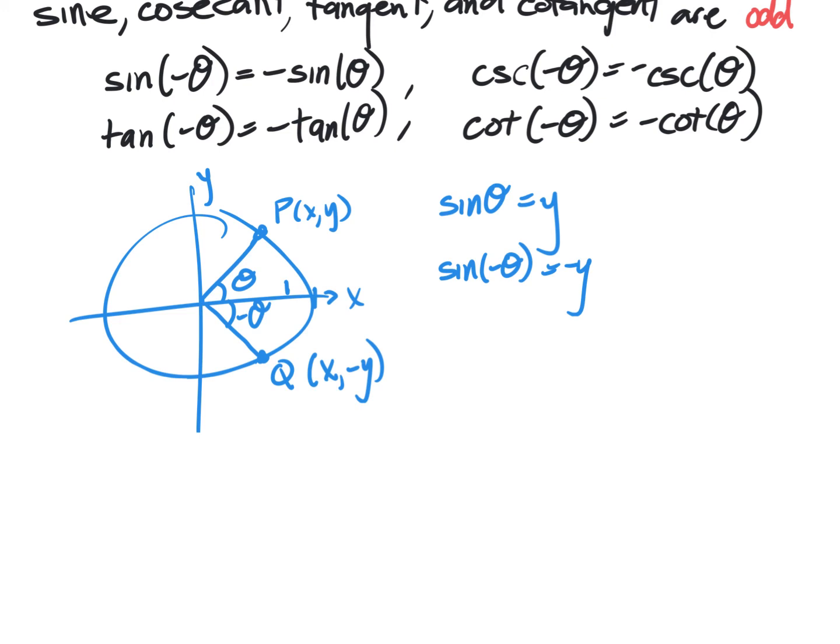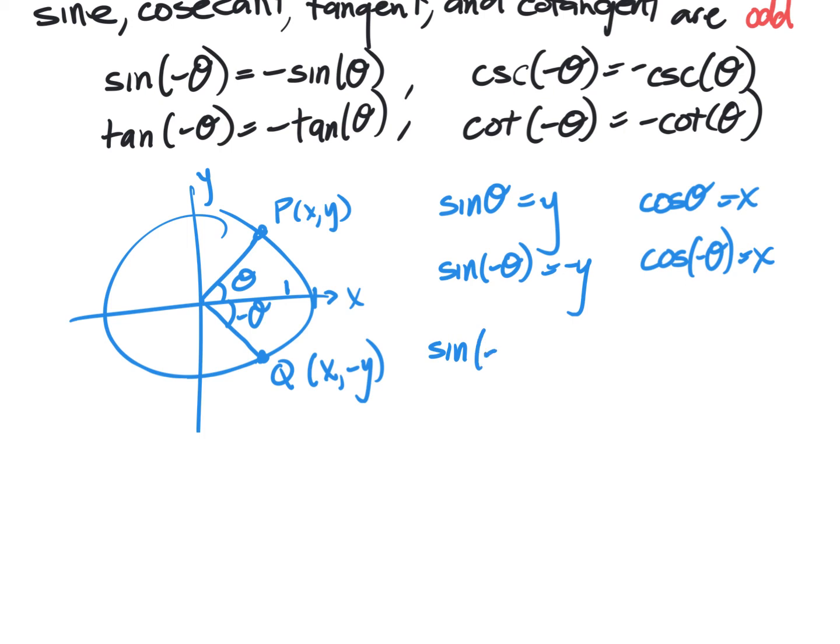And we also have cosine of theta is x, and then cosine of negative theta, well, it's coming down here. The value for that is just x.